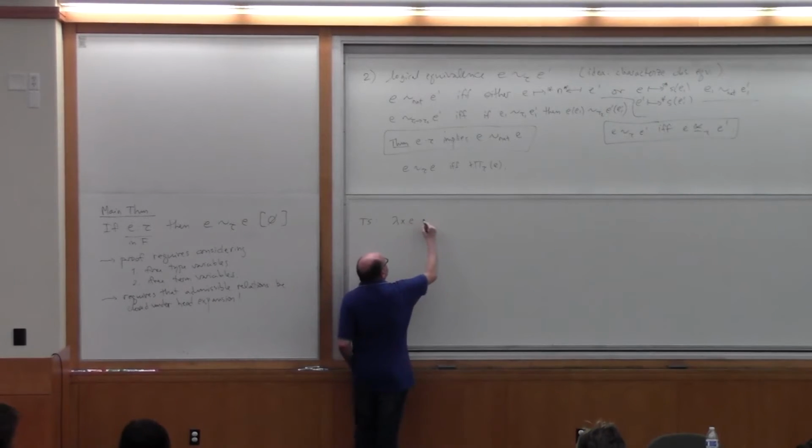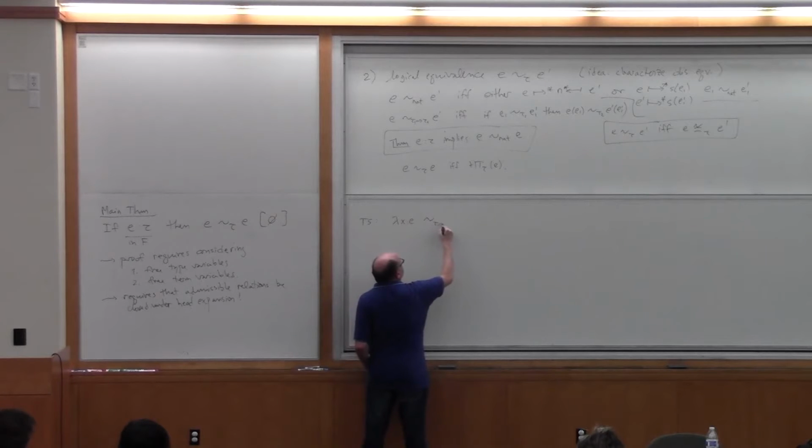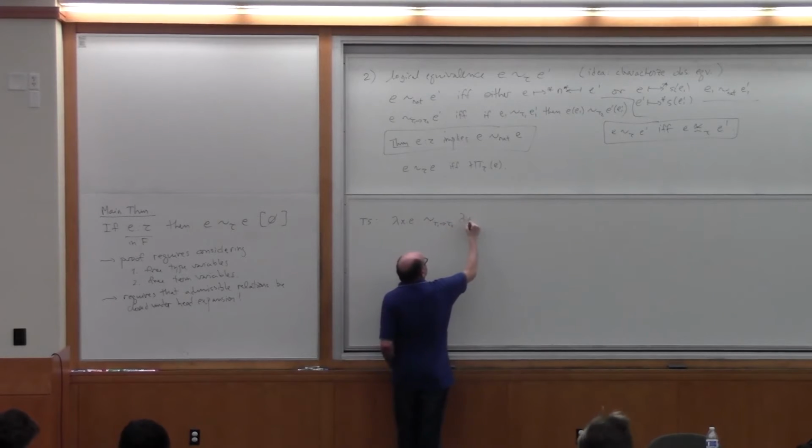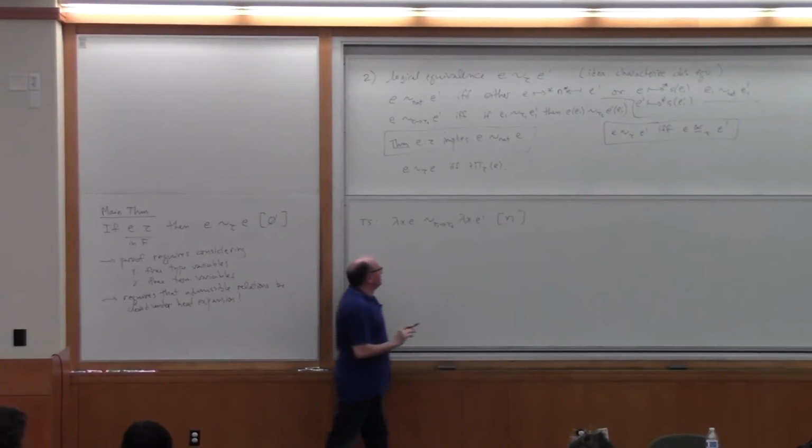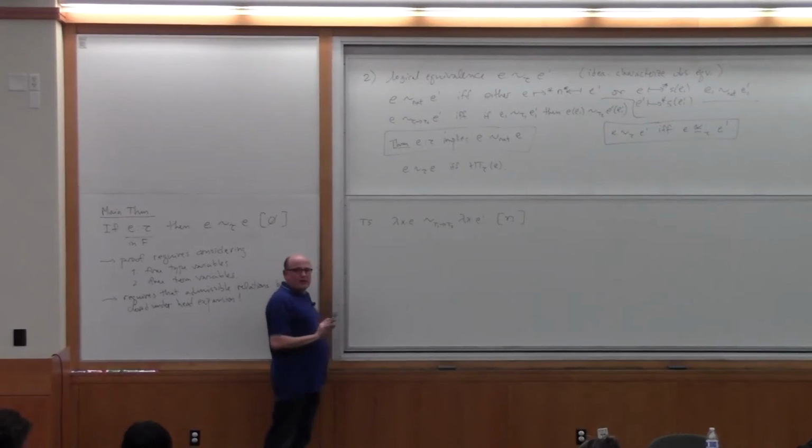lambda x e is related at tau 1 arrow tau 2 to lambda x e prime modulo some eta, which is available and active at the moment. This is a critical spot in the proof.